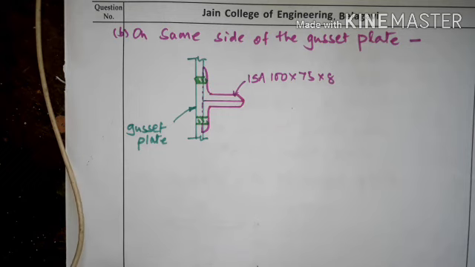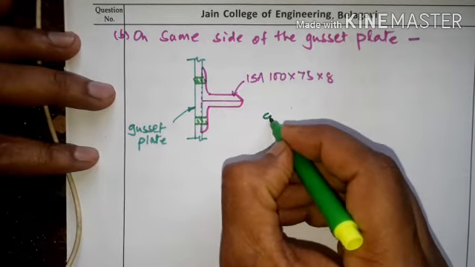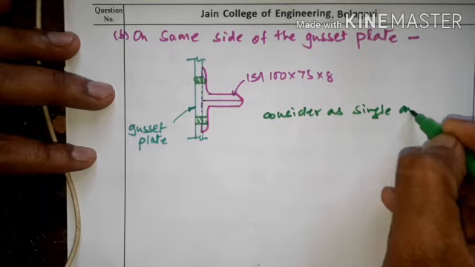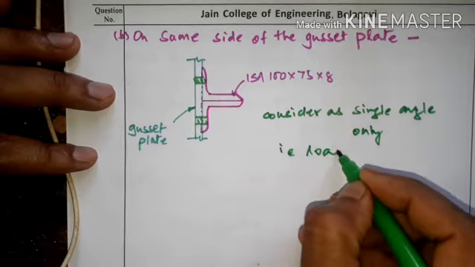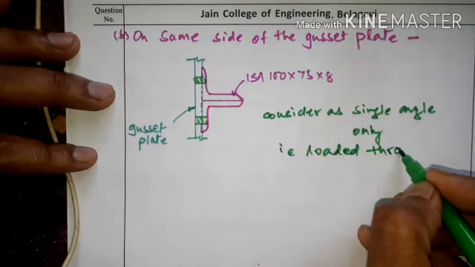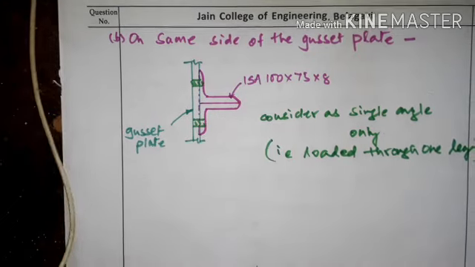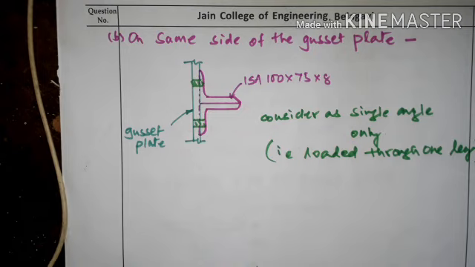So we have to refer to the clauses for single angle only, that is, loaded through one leg. When the two angles are connected on the same side, you have to follow the procedure for a single angle loaded through one leg. But there is a small thing here.